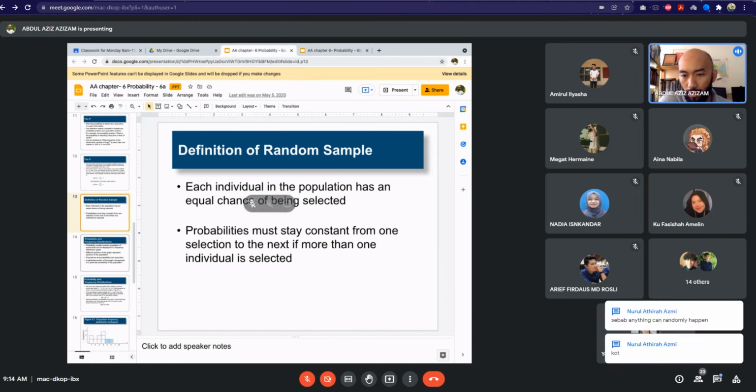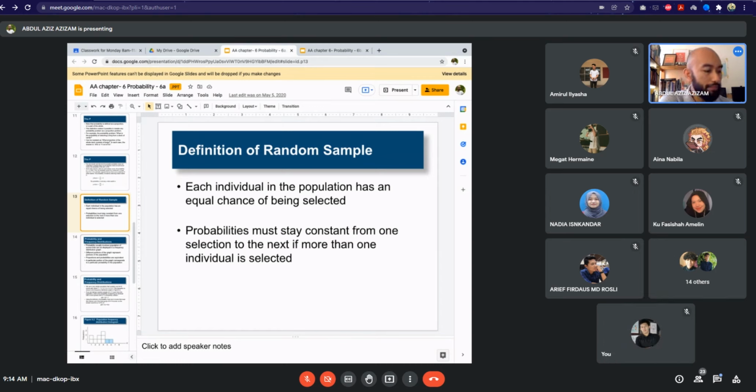Sebab anything can randomly happen. Okay. Sebab kenapa relate random sampling dengan probability?